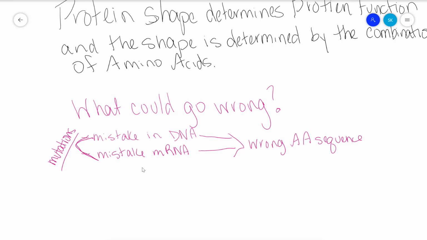If the mistake we made happened to be in an intron, then we're not going to have any problems. It's fine because we cut it out and it makes no difference. But if that mistake is in an exon, that becomes a real big problem because now we're going to end up with the wrong amino acid sequence, which means we're going to have the wrong protein shape, which means we're going to have either no or the wrong protein function.